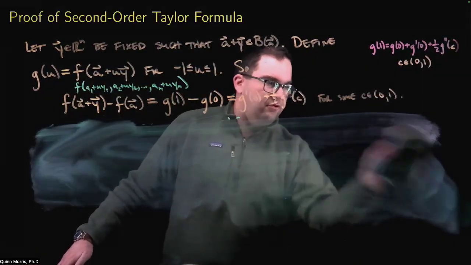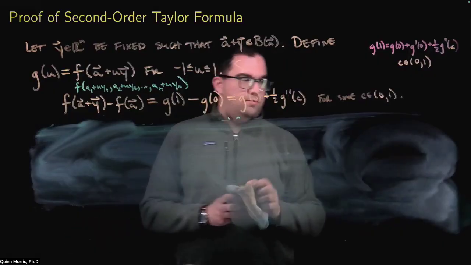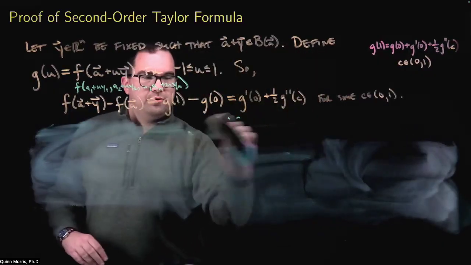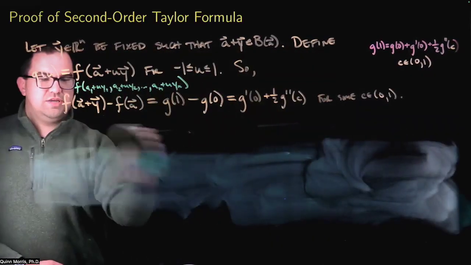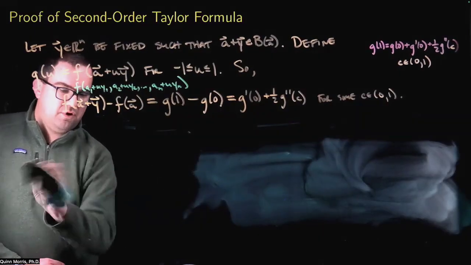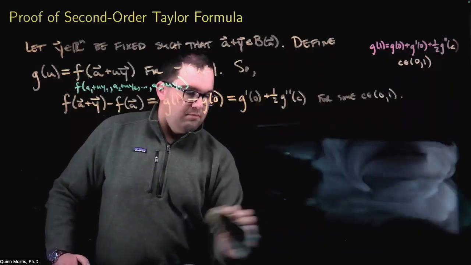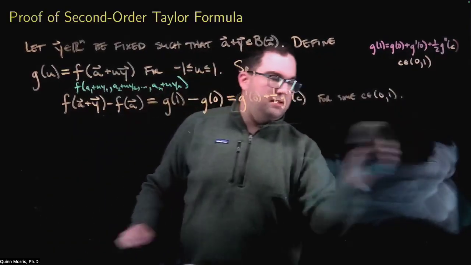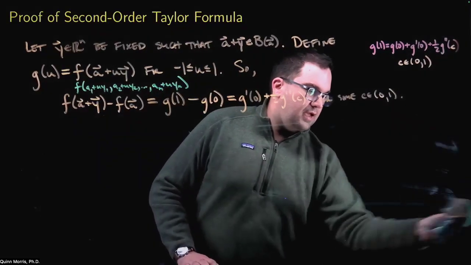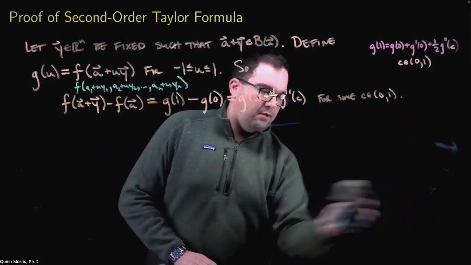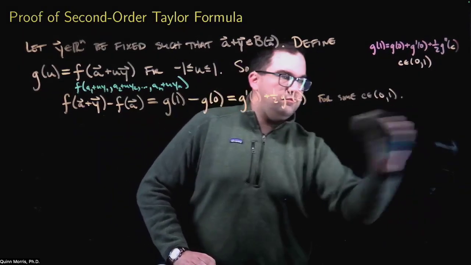So we're taking this scalar field that has a higher dimensional domain, we're restricting it to a particular line segment, which we can then express as a function of a single variable by parameterizing that line segment. And then just some careful calculation of the derivatives gives us the result we want.